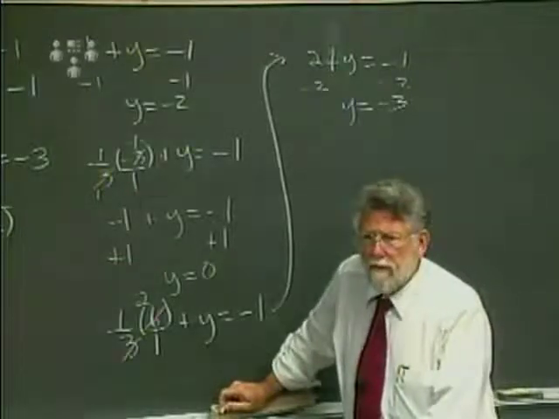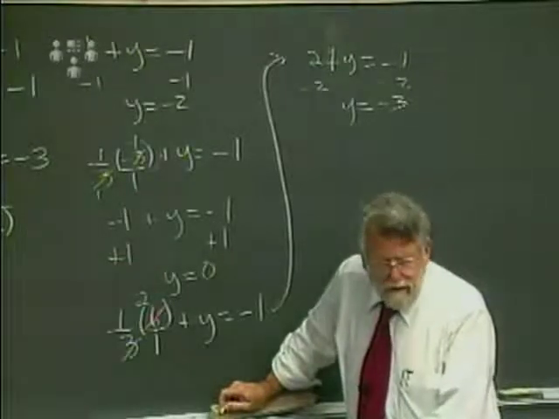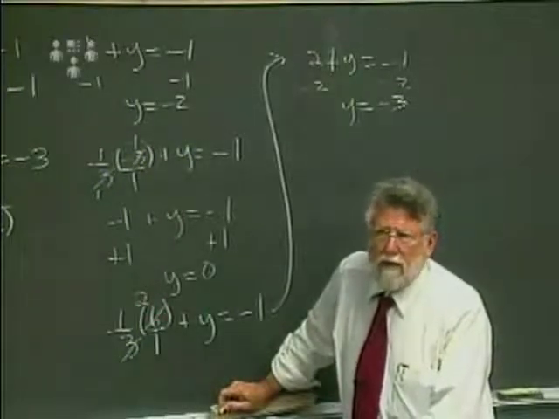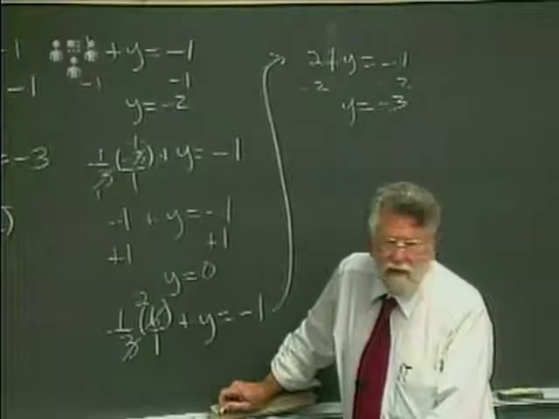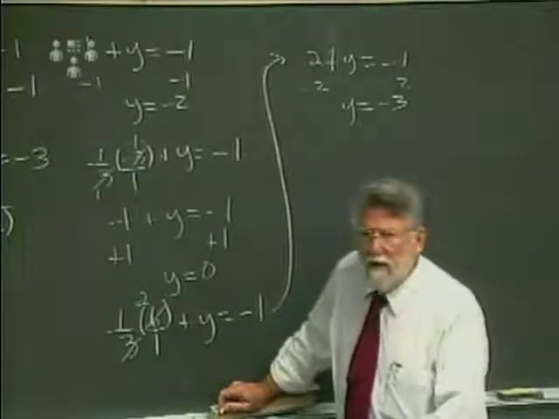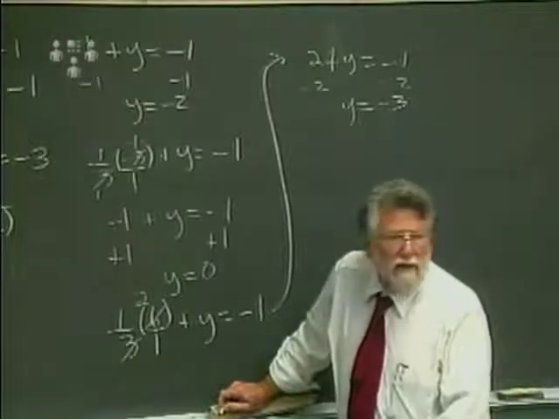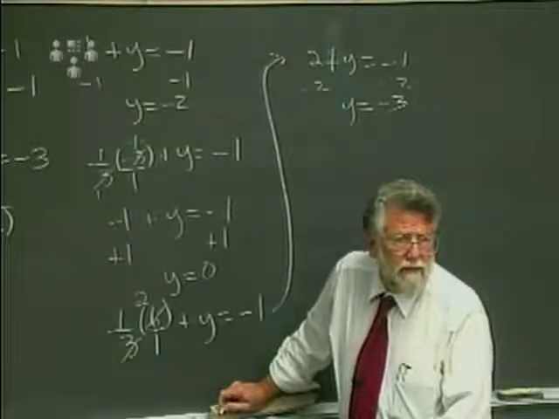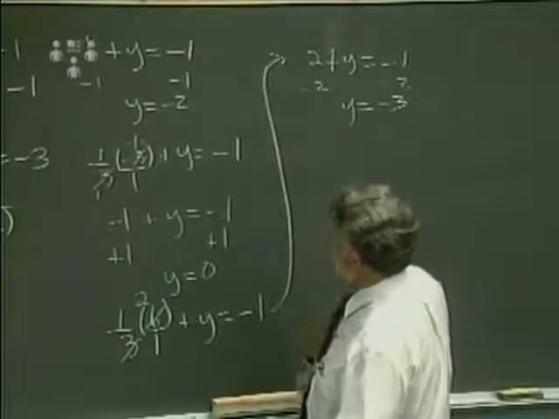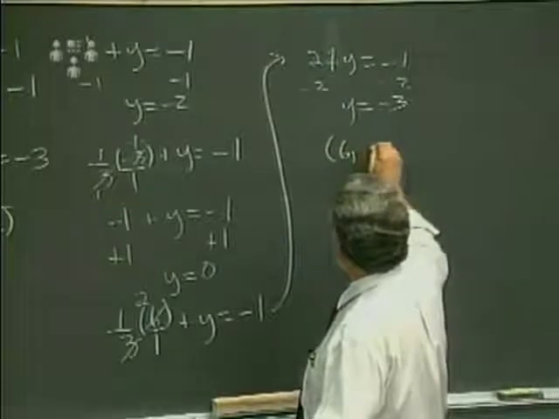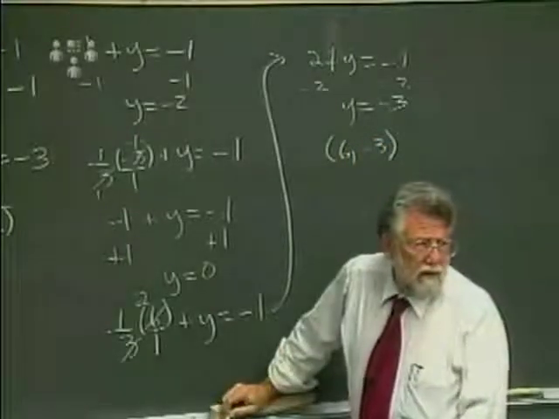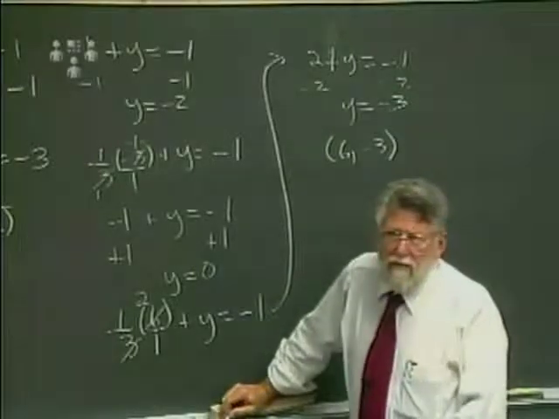That is mandatory. If you are finishing Math 20 and you're passing, you have to be able to do that calculation. This isn't negotiable. And if you go into a 70 and you can't do that calculation, you probably aren't going to survive. It's that straightforward. So this tells me that when x was 6, y was negative 3. That is another ordered pair. And I can do this forever.